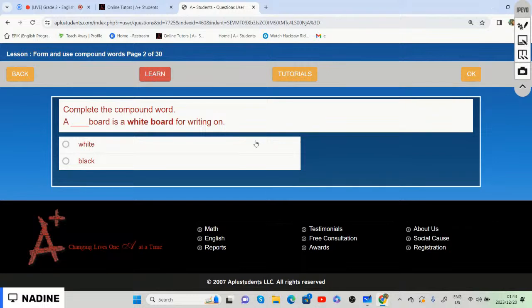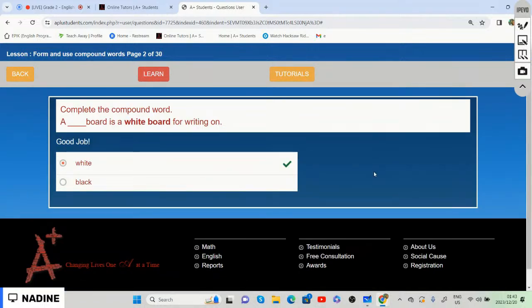All right, so if we complete the compound word, then we can say white, right? A whiteboard is a board that we use for writing on.